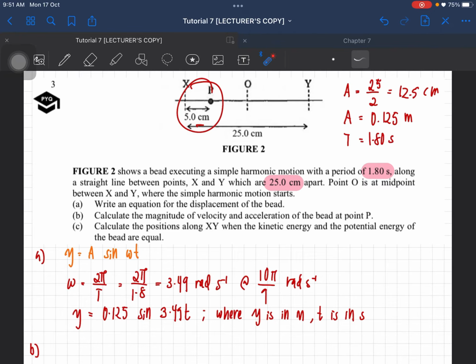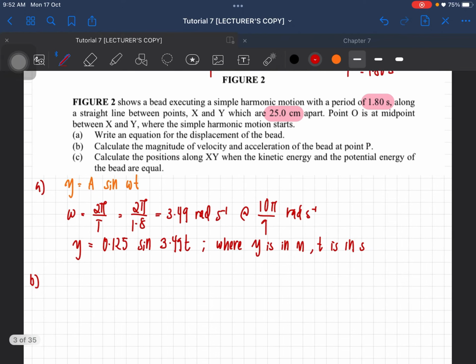We are measuring the distance from the equilibrium position, not from the end. It's not 5 centimeters. It will be y equal to 12.5 minus 5 centimeters.